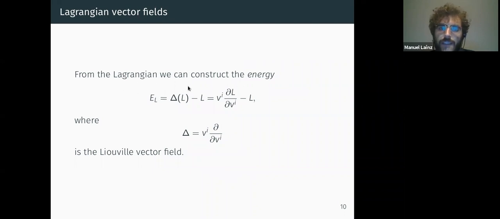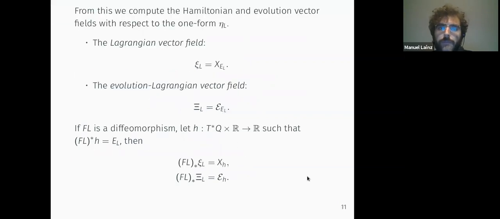And from the Lagrangian, we can construct an energy function, where delta is the Liouville vector field, which in bundle coordinates can be written like this. I think you don't see the text above. Anyway, from this, we can compute the Hamiltonian vector field and the evolution vector field with respect to this one form, eta sub L, by constructing the bivector, just the same as before, as in the Hamiltonian case.